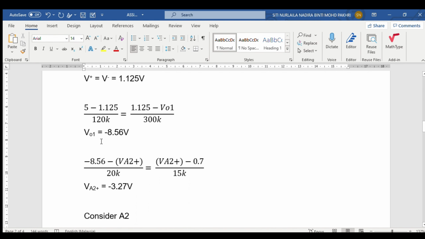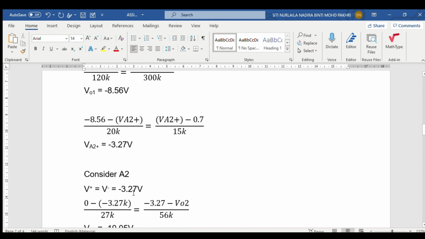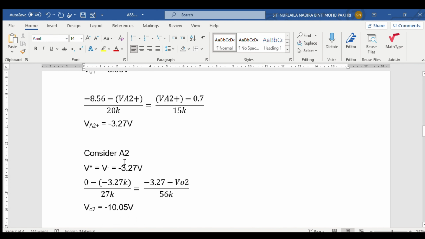And we use the value for V01 in this equation, and we will get the value for V+ of A2 is equal to negative 3.27 volt. The next step is we need to consider A2.